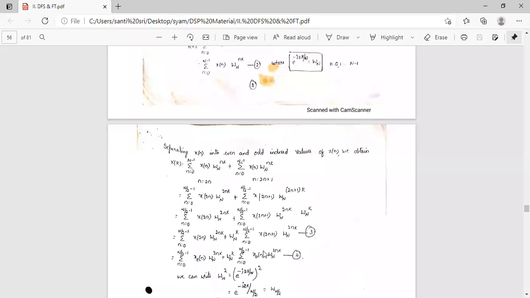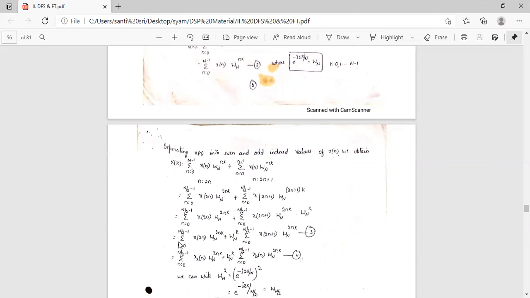So like that we will write this as a combination of even and odd indexed values of x of n. We obtain X of k equals sigma over even n, x of n into W_N power nk, plus sigma over odd n, x of n into W_N power nk, where in the first sum n is replaced by 2n, and in the second n is replaced by 2n plus 1.